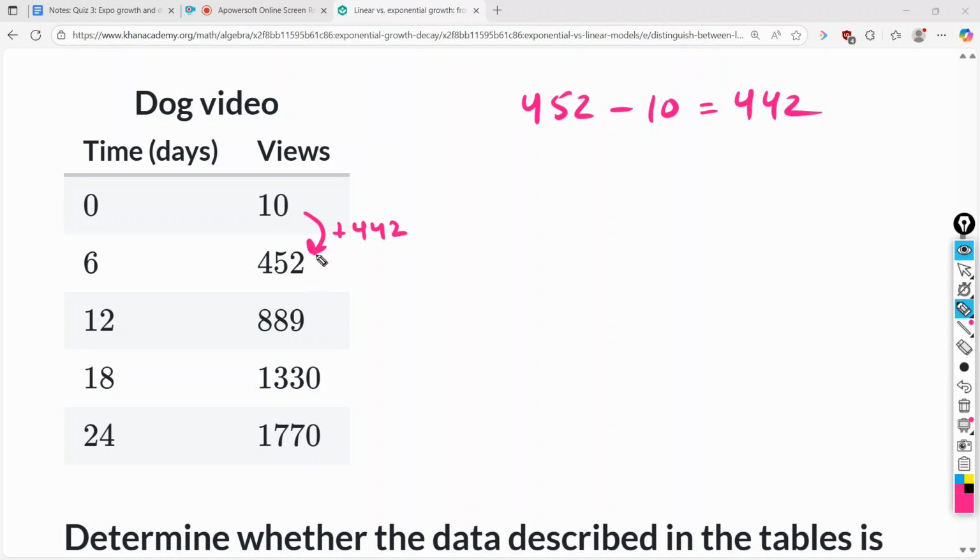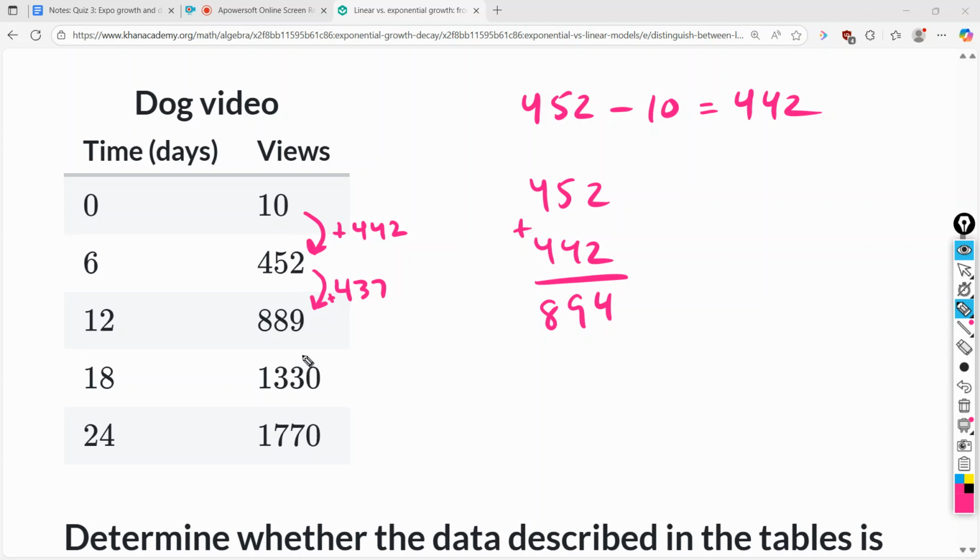And let's see, if we add 442 again, 452 plus 442, 2 plus 2 is 4, 5 plus 4 is 9, and 4 plus 4 is 8. 894, pretty close. Okay, so we didn't add 442. We actually added 437. But if it's close enough, it's close enough.